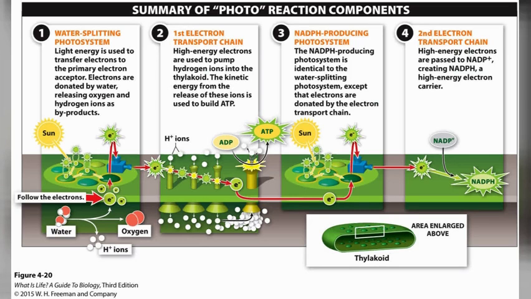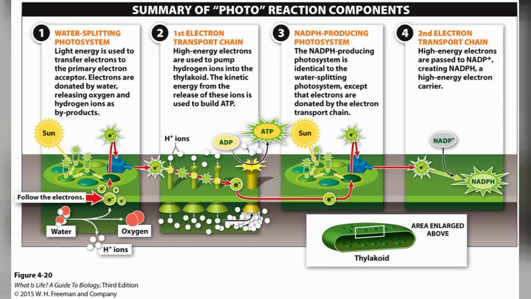Like the first photosystem, the second photosystem also has numerous pigments that harness photons from the sun and pass the light energy to another special chlorophyll A molecule. The special chlorophyll A molecule at the center of this second photosystem has electron vacancies because, just as in the first photosystem, when electrons in the special chlorophyll A molecule are boosted to an excited state, they are whisked away from the chlorophyll molecule by another primary electron acceptor.